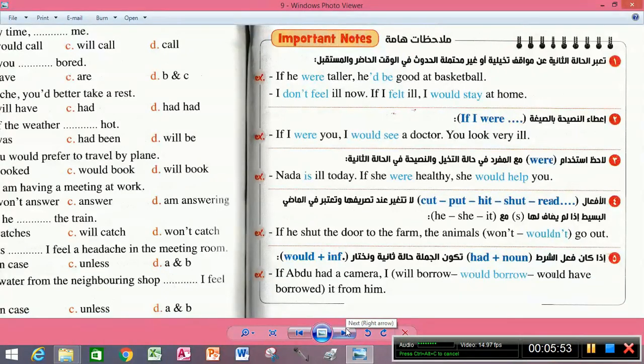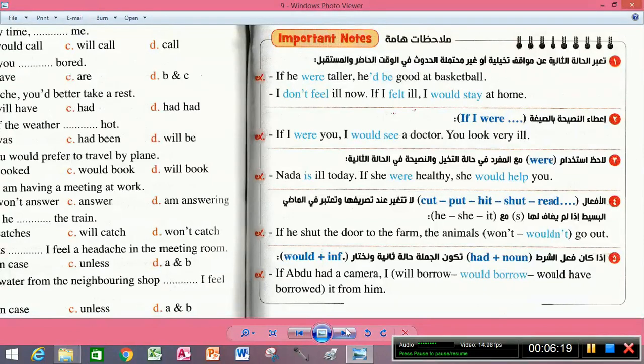I say, is there an s at the end of the verb? If there is an s, it is with he, she, it, and it is in the present simple. If there is no s, it is in the past tense with he, she, it. So if he shut here, present or past? If it is present, it is going to be shuts, but it is in the past, so it is going to be shut.